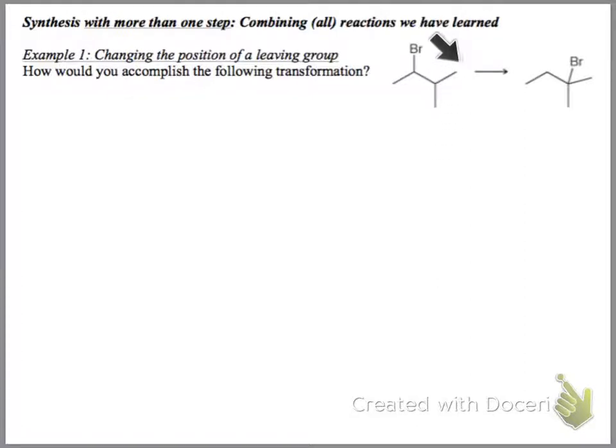We're looking at the starting material, which has the bromine on the second carbon, and the product has the bromine on the third carbon. How would we get from A to C? We're going to have to go from A to B and then B to C, and we have to show all the steps, and each step is going to be its own reaction.